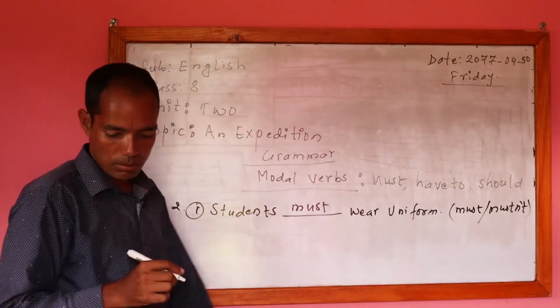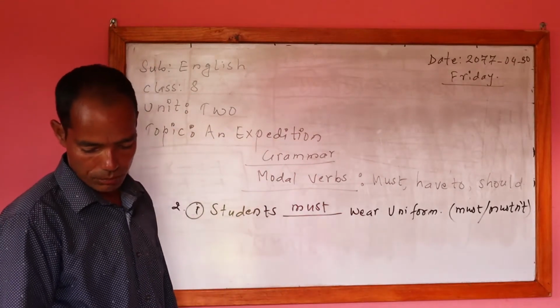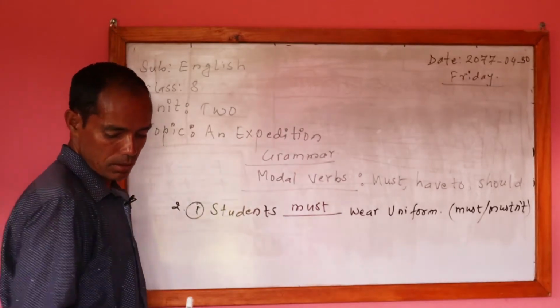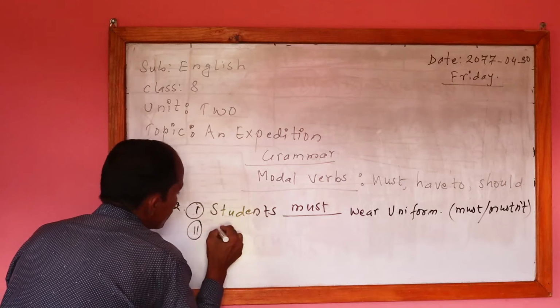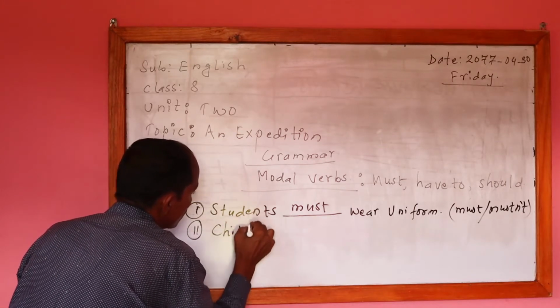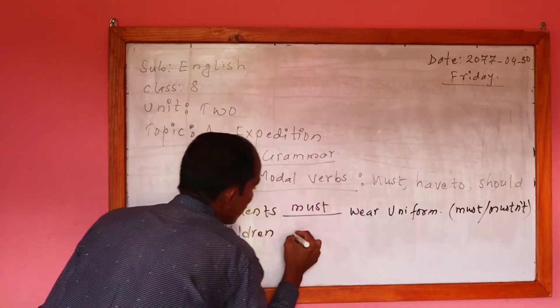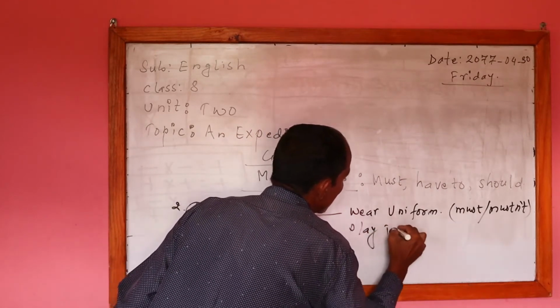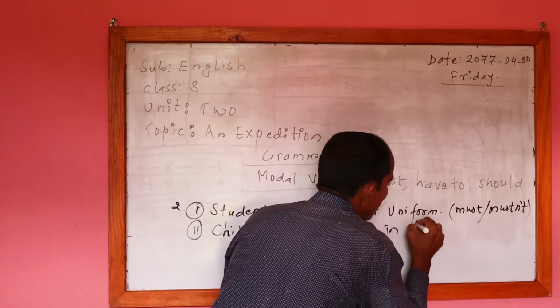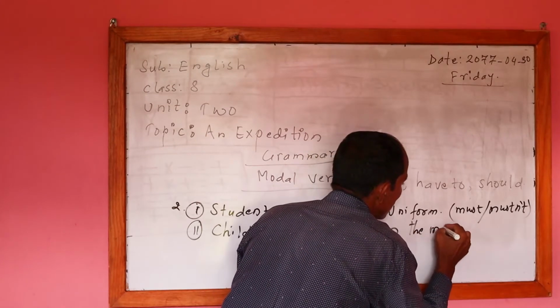Okay. Now similarly, the second sentence is: Children play in the mall.